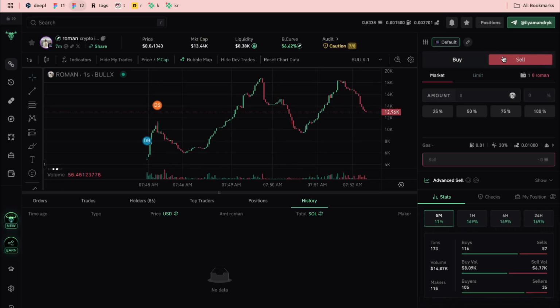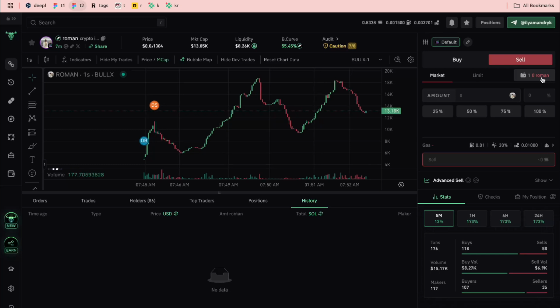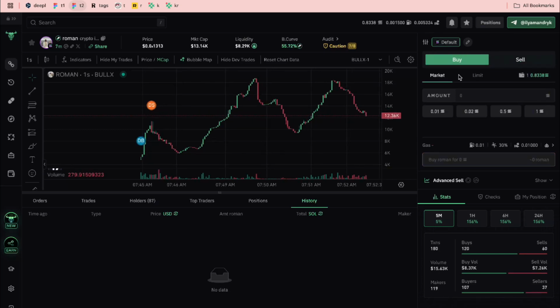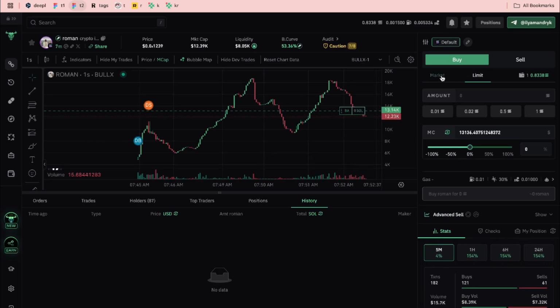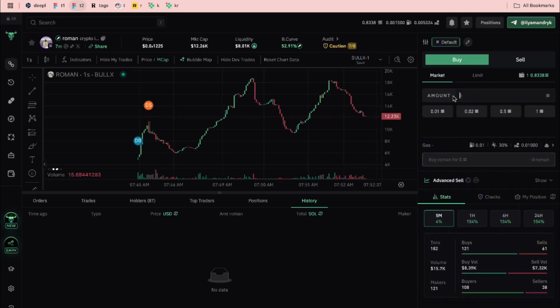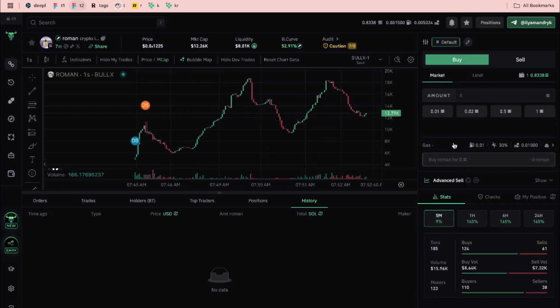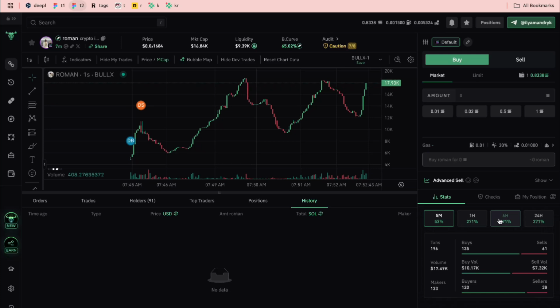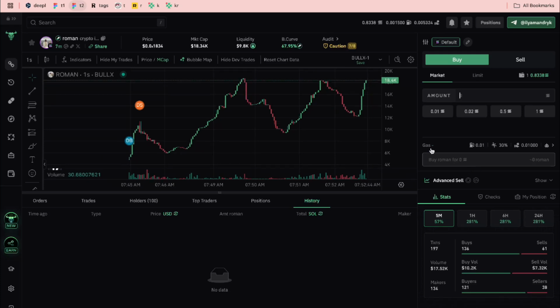We can buy, we can sell. As you can see, now I don't have coins here, so I can only buy with Solana. We can use market or limit orders. So we can input the amount we're going to buy for. We can see the gas, we can see stats, and after that we can buy. So technically, yeah, that's all.